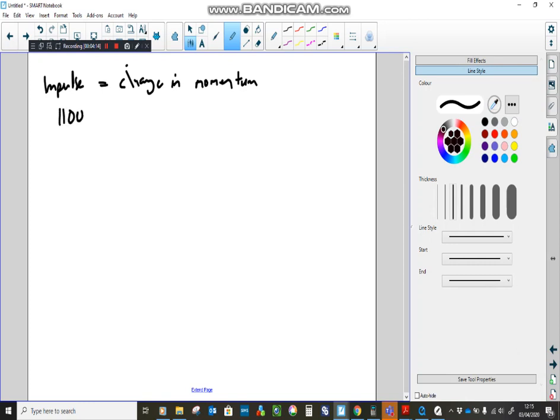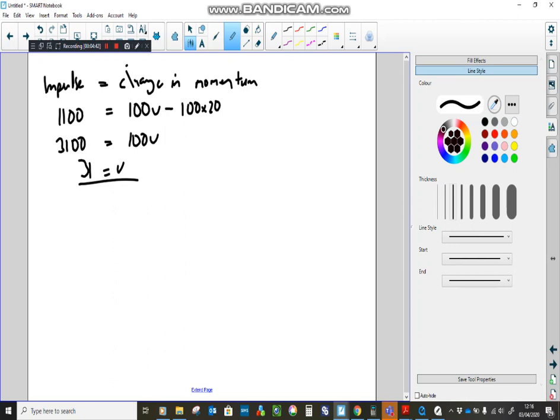So impulse is 1100. The change in momentum is the final momentum subtract the initial momentum. So the final momentum is 100V, and the initial momentum is 100 times 20. So we've got 3100 equals 100V, and so 31 equals V, which is what we were asked to show.